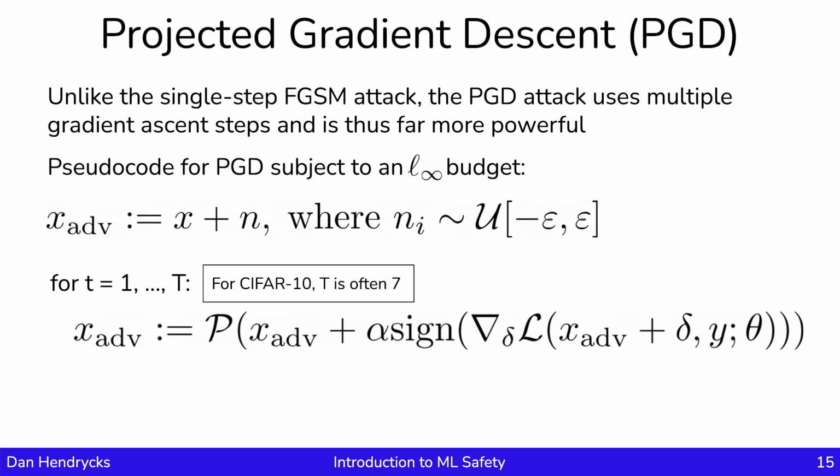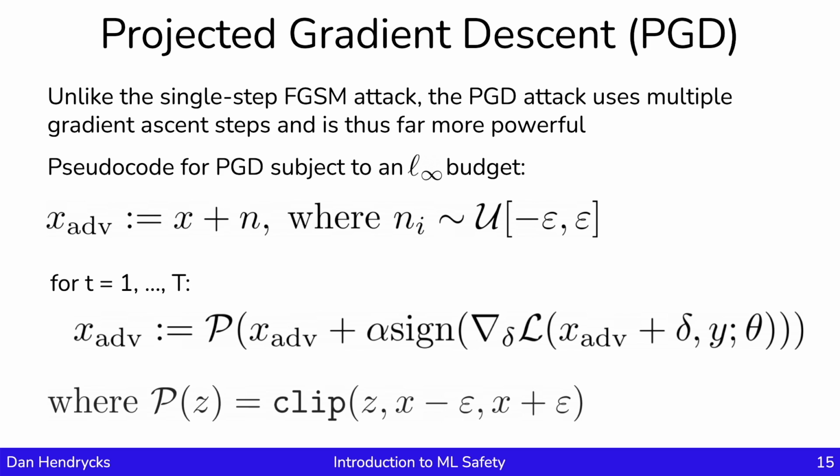We do this for potentially 7 steps, as would be the case for CIFAR-10. So it looks fairly similar to FGSM, and this script P is defined as a clipping operation. It's done element-wise to the input. So if the input is more than epsilon away from the original example, then it gets clipped. This keeps it subject to the L-infinity budget.